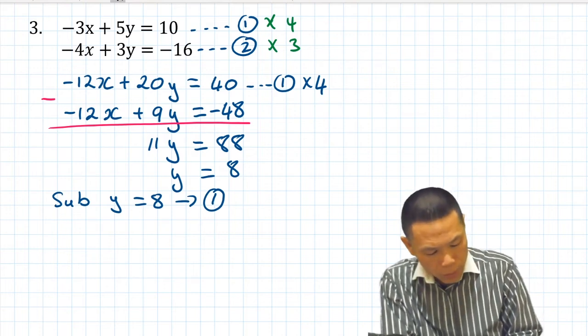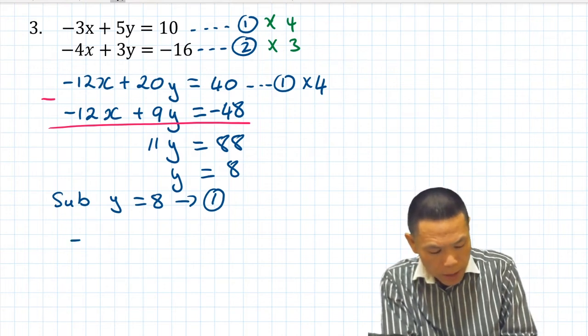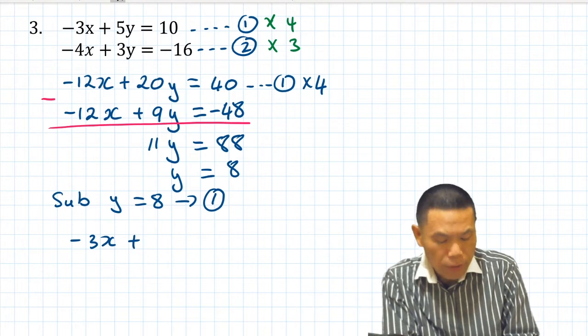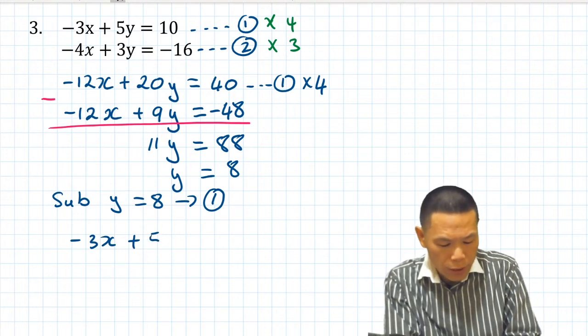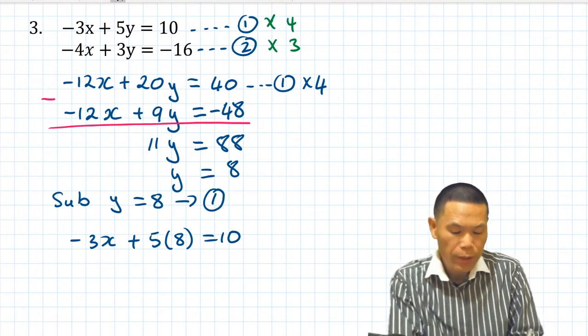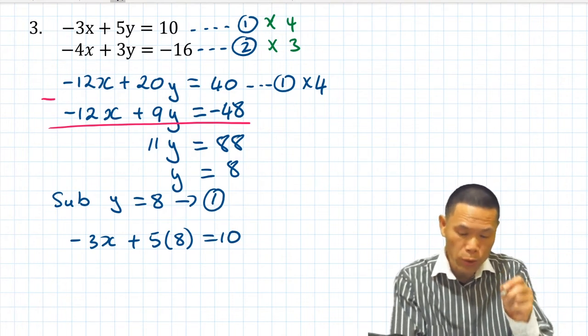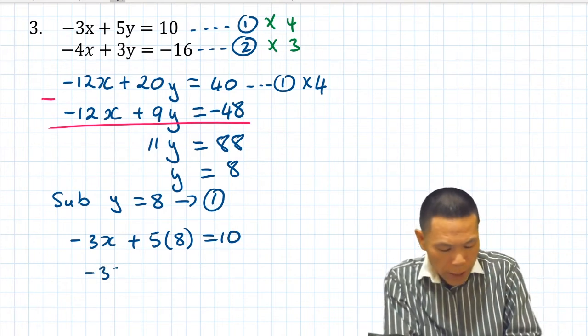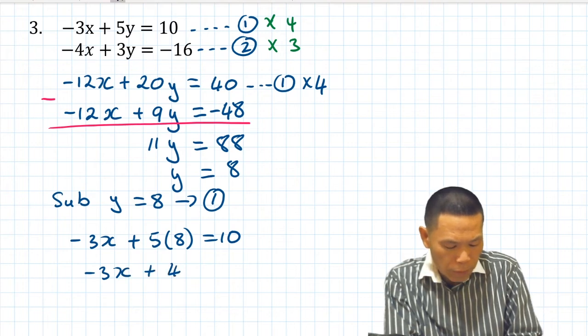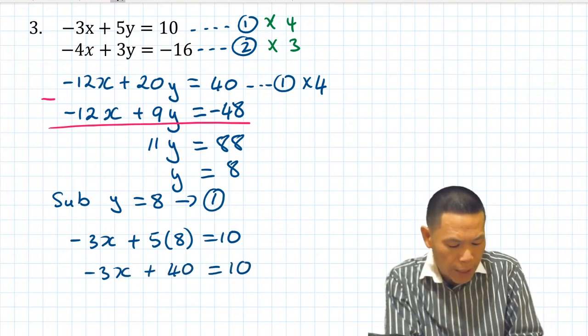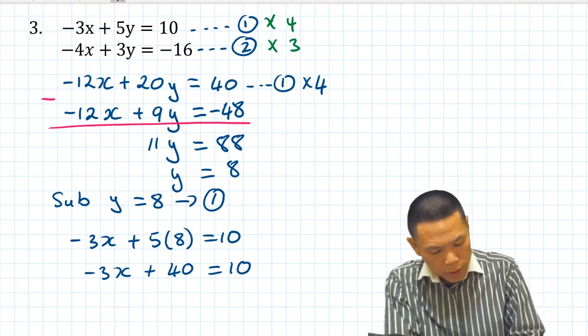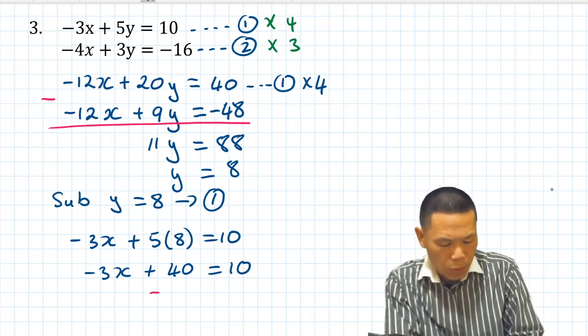So this becomes negative 3x plus 5y, but y is equal to 8, so 5 lots of 8, which is equal to 10. And 5 times 8 is 40. So negative 3x plus 40 is equal to 10. Of course, I minus 40 on both sides.